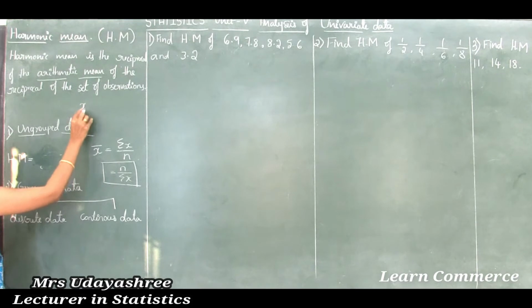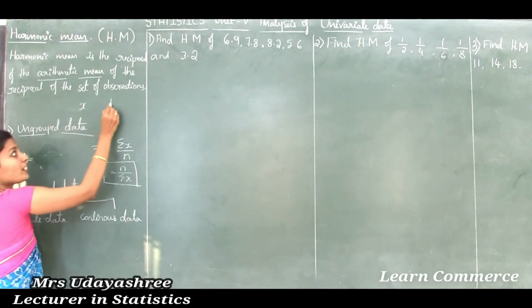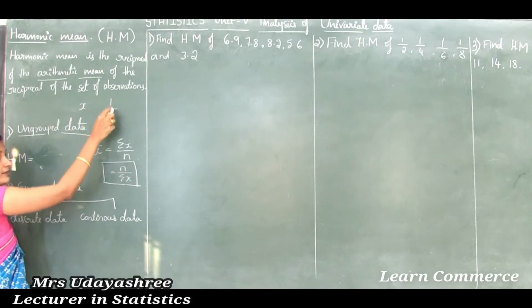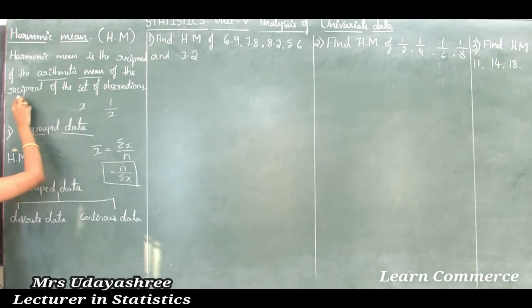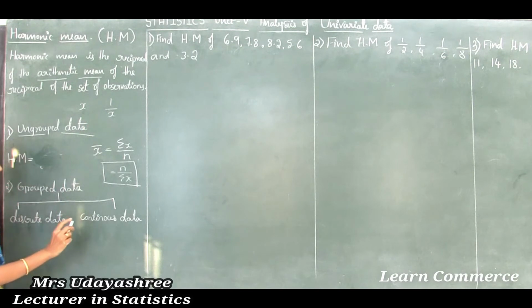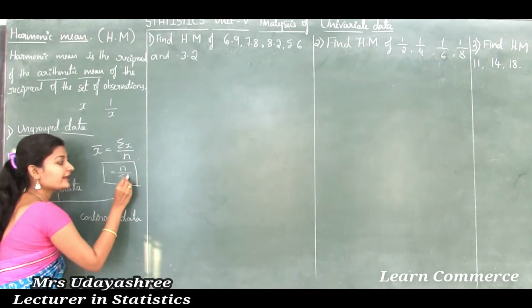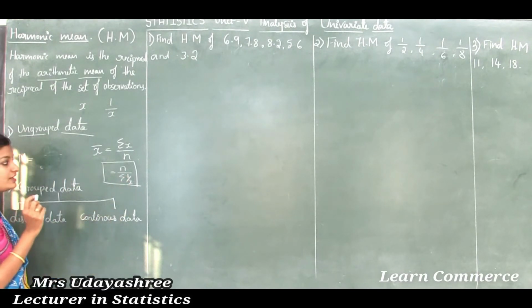So, how to write the reciprocal of the set of observations? If I write 1 by x, this is the reciprocal of x. So, in the place of x, we need to write 1 by x. Here 1 by x means the reciprocal of the set of observations.